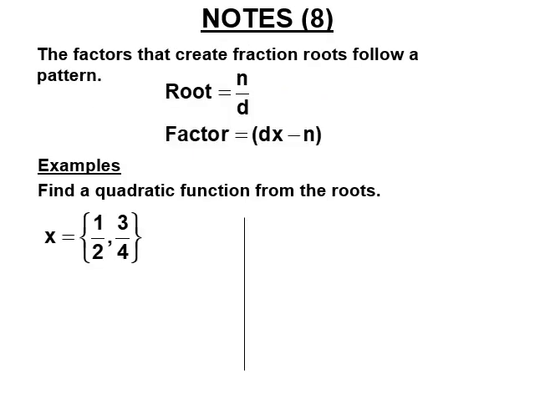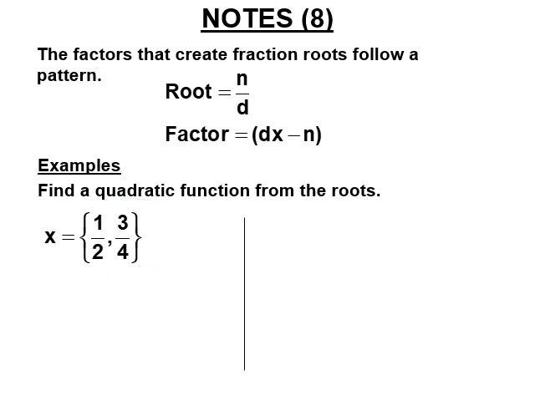Okay, some of you may have noticed a pattern. We're changing the subject now. You may have noticed a pattern in the more complicated quadratic functions yesterday. So what if we have the roots at fractions, 1/2 and 3/4? What made that answer?